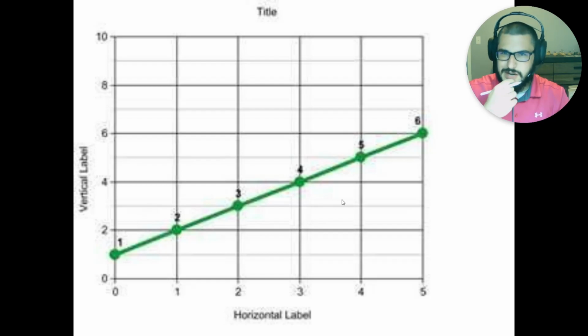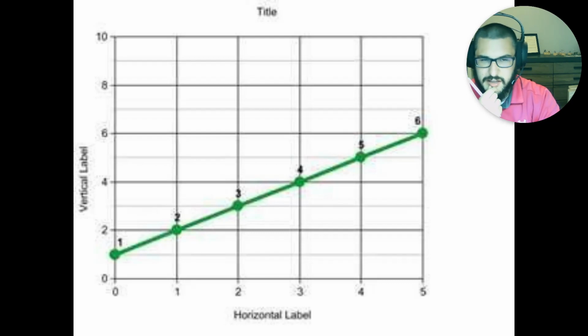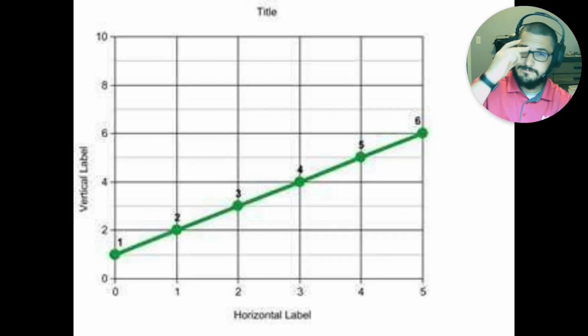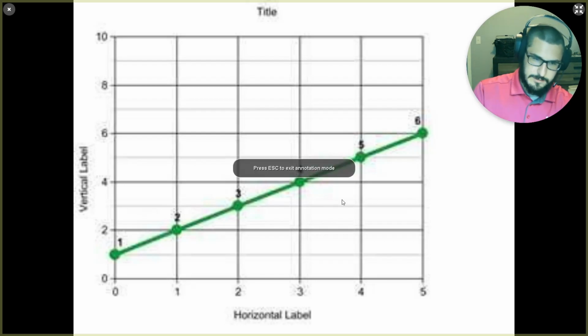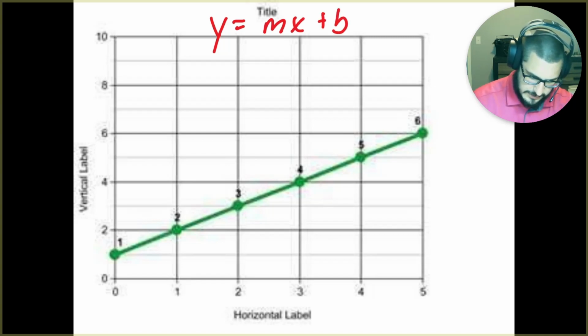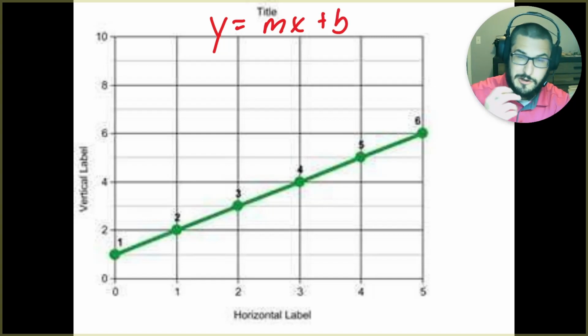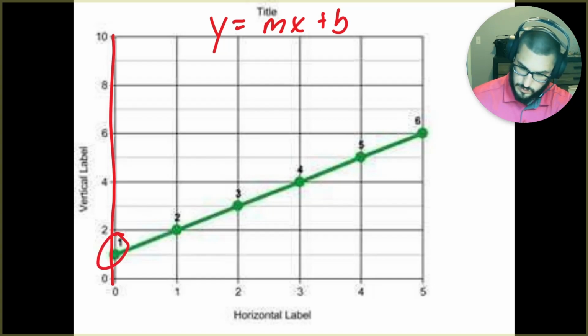So then let's figure out some others. Go ahead and see if you can pause this video and try to figure out the equation for this line. Okay, we've got, again, that formula is y equals mx plus b. I like to personally figure out b first. That just helps me. So I'm looking on the y-axis here, and it looks like it crosses at 1.